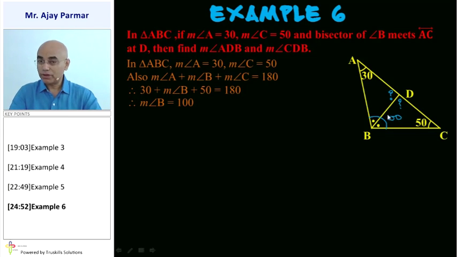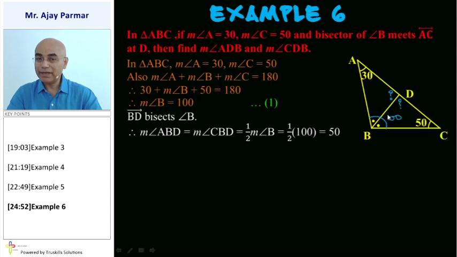But some bisector is given and BD bisects angle B. And because of that particular reason, measure angle ABD and measure angle CBD will each be half of measure angle B, that is half of 100, and that is 50. So each of these angles is 50 and 50.